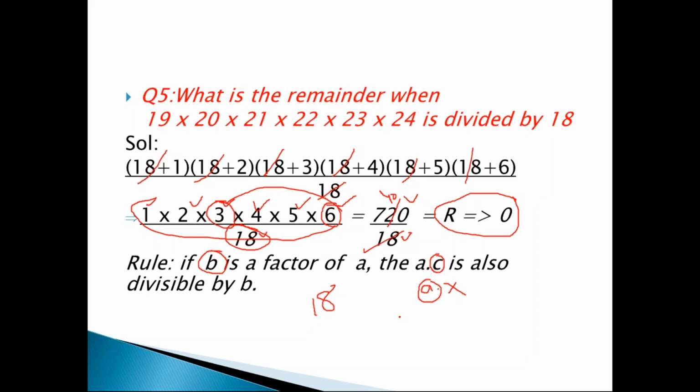For example, let's take 15. One of the factors of 15 is 5. If you multiply 15 by any number, for example 15 times 6 is 90, 90 is also divisible by 5.